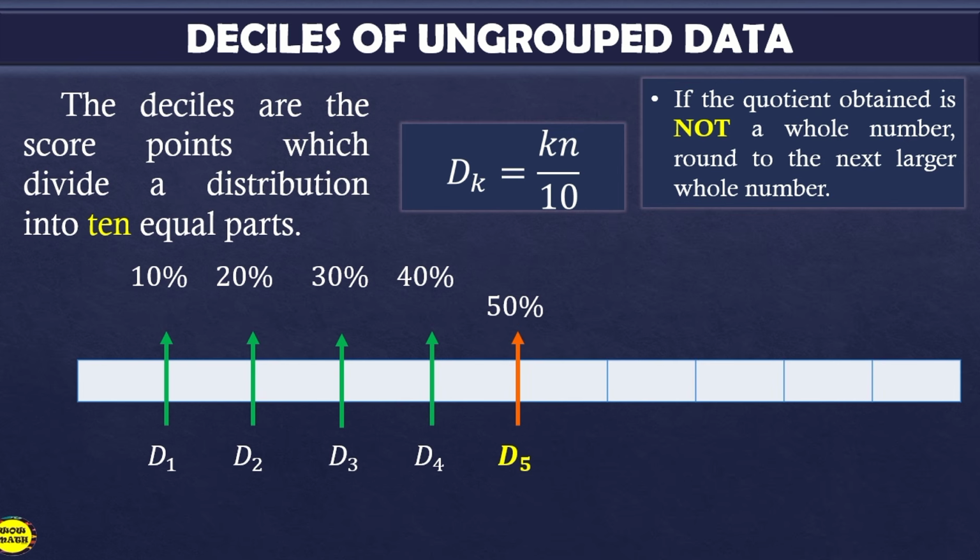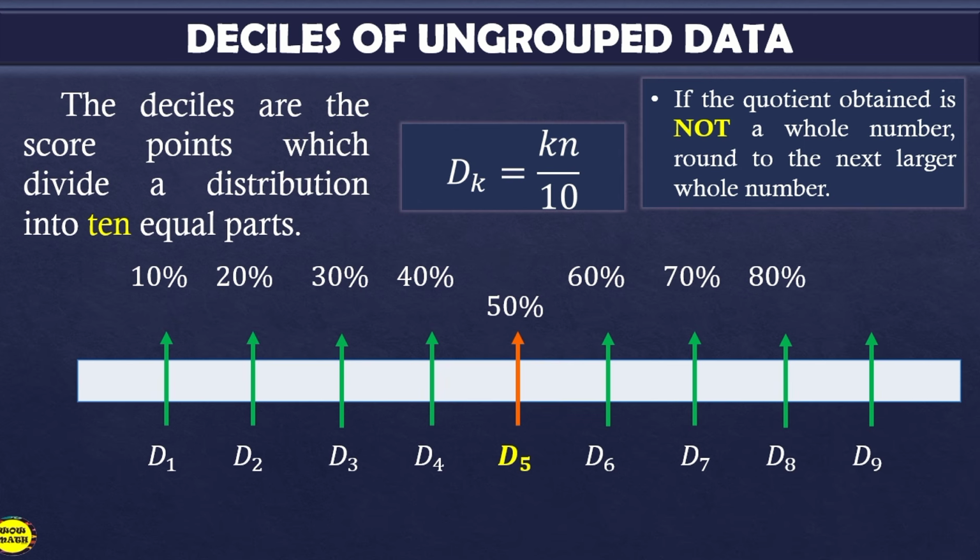Halimbawa, yung fourth decile natin, ibig sabihin ng fourth decile, 40% nung scores ay less than sa kanya, mas mababa sa kanya. Ganun din dito, yung 6th decile, that is 60%, yung 7th decile natin, that is 70%, yung 8th decile natin, that is 80%, and yung 9th decile natin, that is 90% ng distribution.